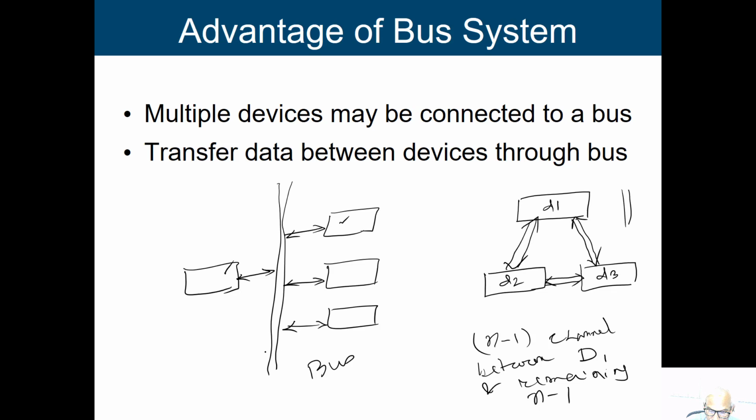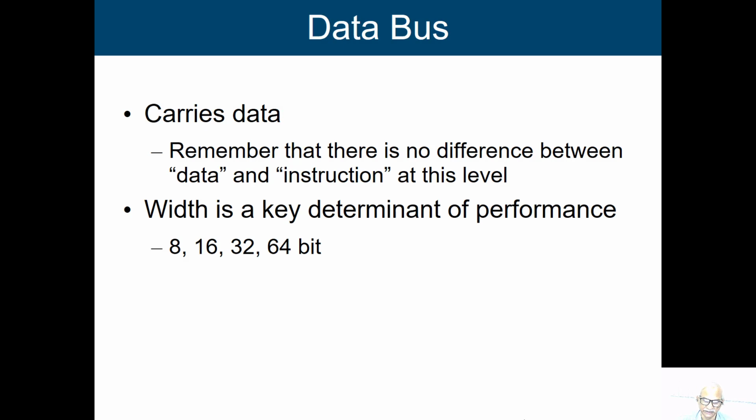When I come to the bus concept or bus system, in this particular case we are going to get a simplified system where complexity is less, but maybe slightly compromising on performance, because we cannot do parallel transfer in this particular bus system. So, we have discussed and given some idea about the bus system, why you are going to use it, and what the advantage of using this particular bus system is.